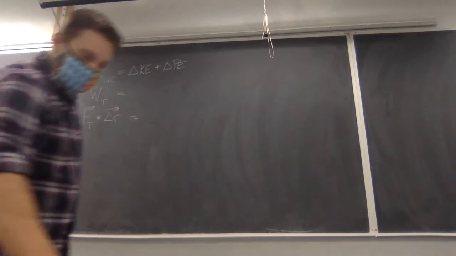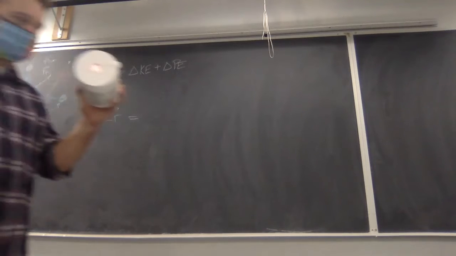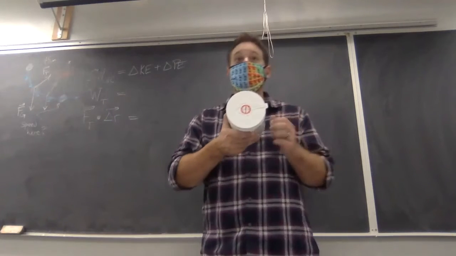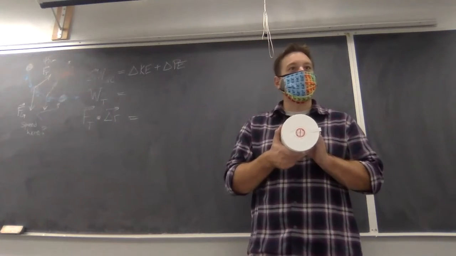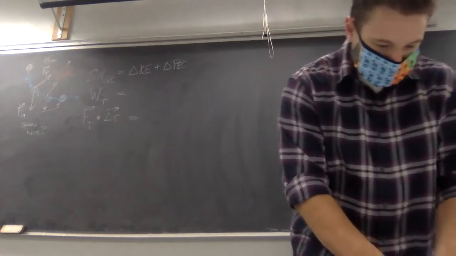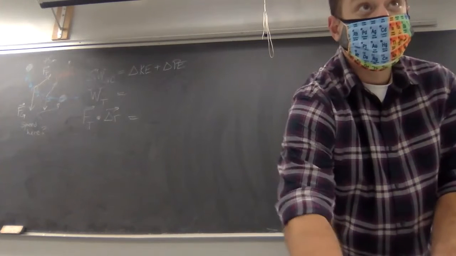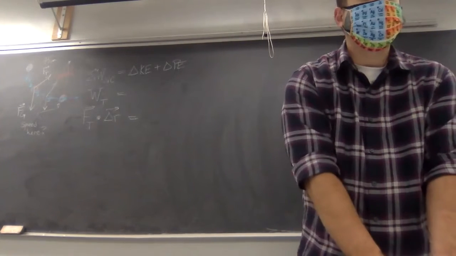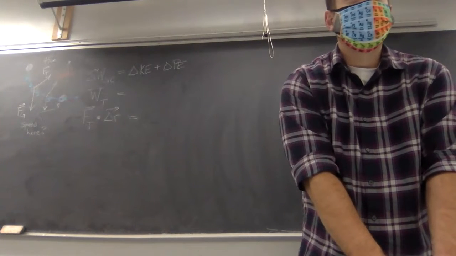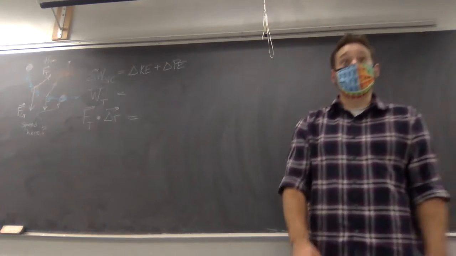What can you tell me about the geometrical orientation of a tangent and a radius? Wait, sorry. The table is tangent to the circle right now.